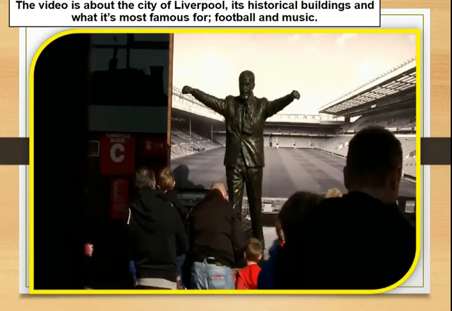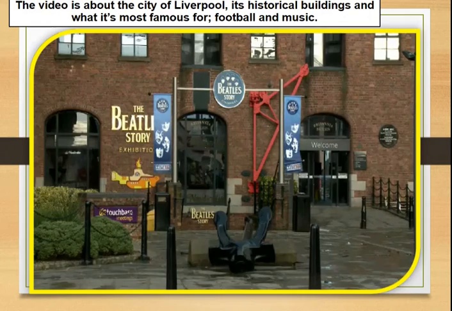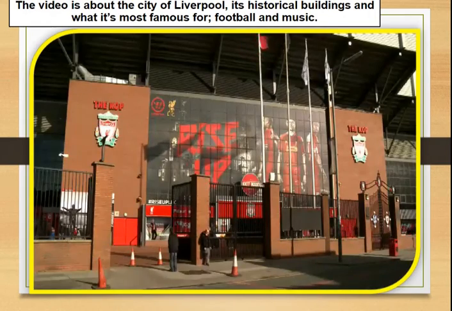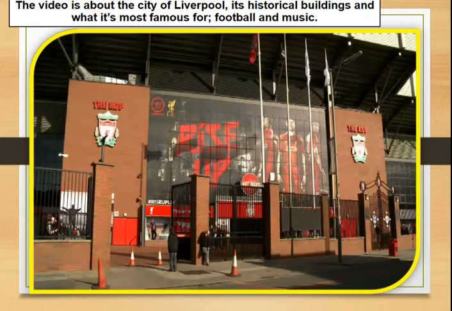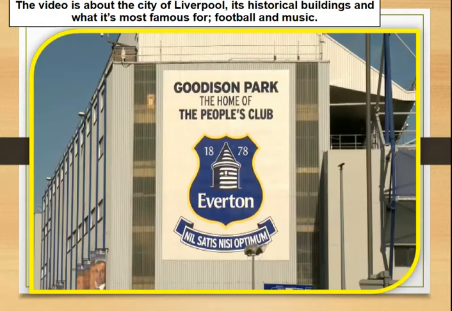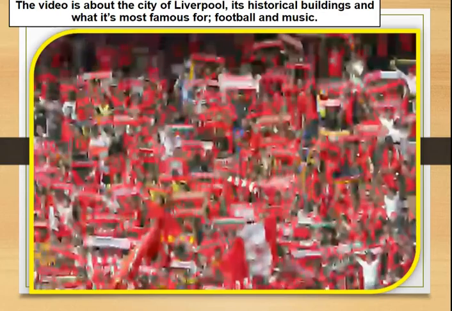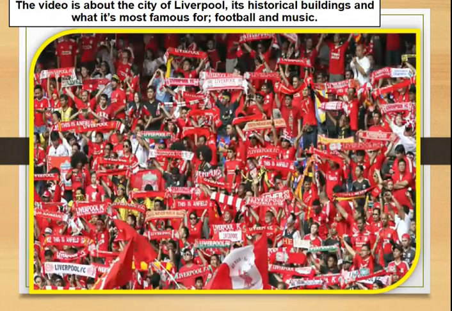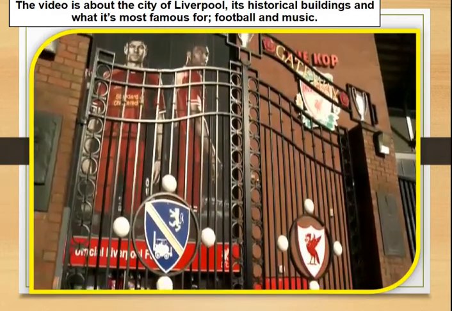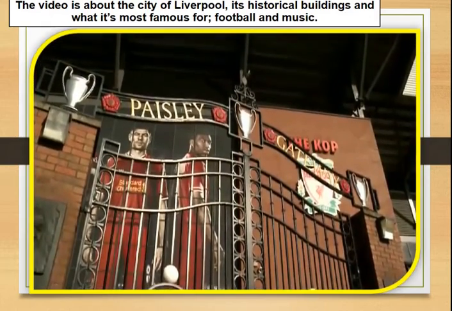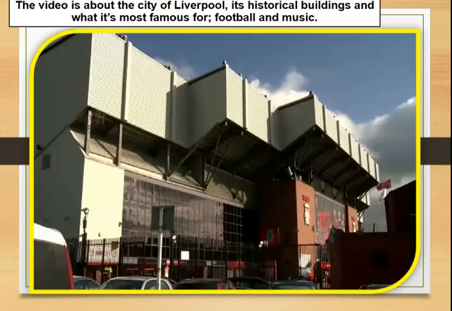football and music. There are two big football clubs, Liverpool and Everton, and thousands of people watch both teams play every week. In fact, Liverpool FC is an enormous club, and it's popular all over the world.